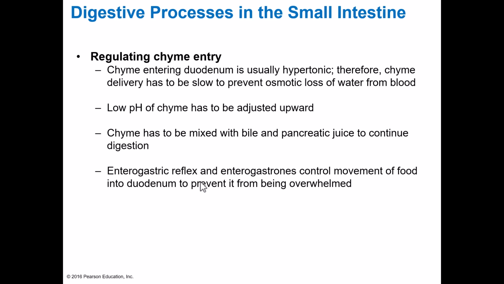Those same hormones will also talk to the stomach and tell it to say, yes, we recognize that you are sending us some chyme. You can continue to send that to us, or the message will be, stop sending it to us and turn off the gastrin from the stomach, because we don't want to overwhelm the small intestine. If we do, it's not going to be able to absorb all the nutrients that we need it to absorb.